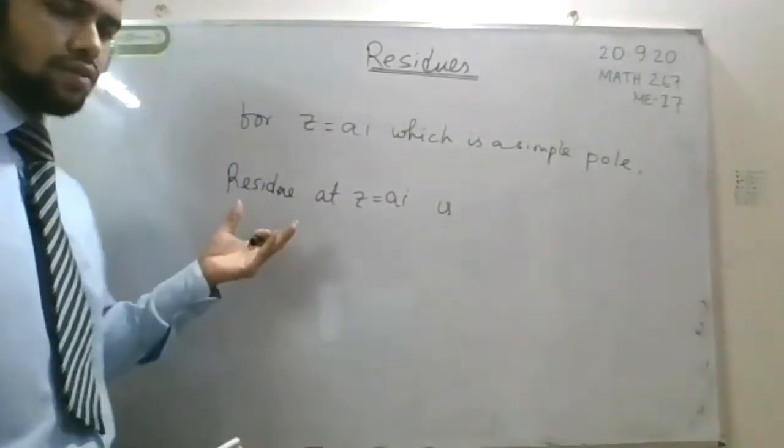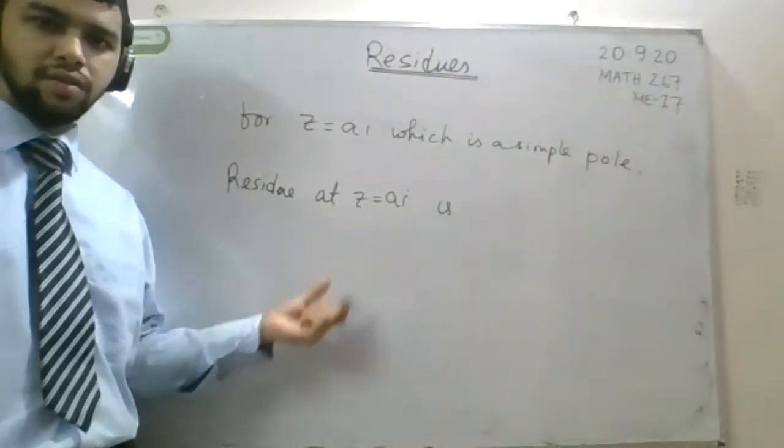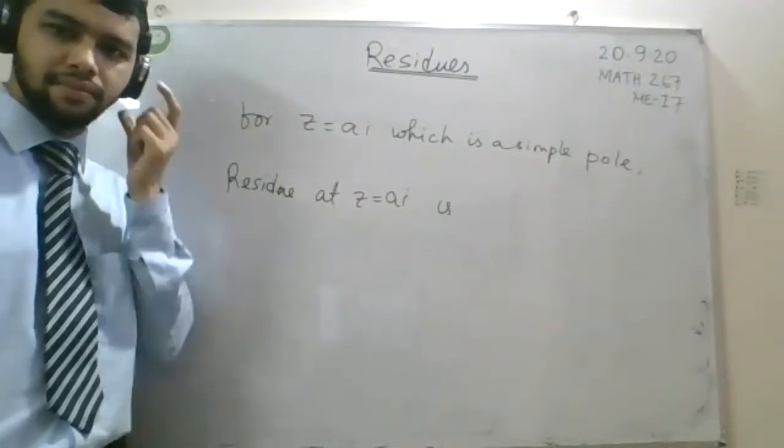So what will be our formula for finding out the residue of the simple pole? Anyone?